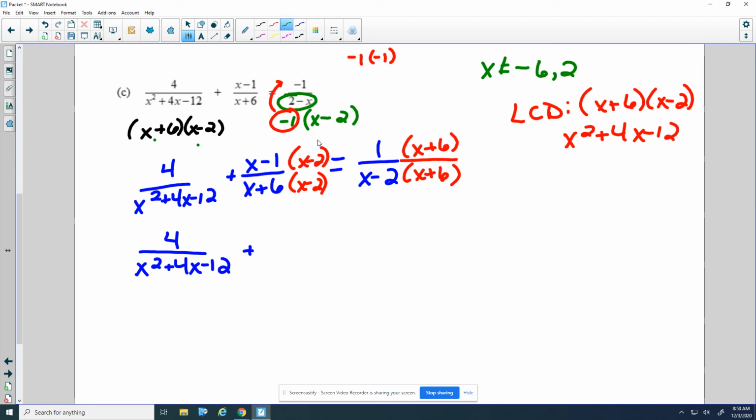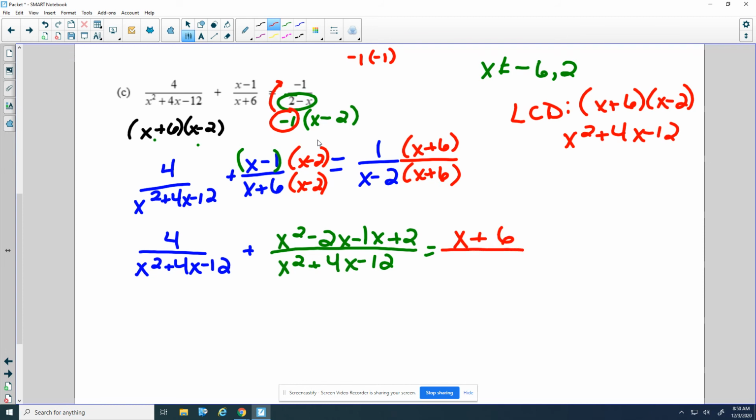Second fraction, we have some distribution here. So I have x squared minus 2x minus 1x plus 2 over x squared plus 4x minus 12. And over here we have x plus 6 over x squared plus 4x minus 12.